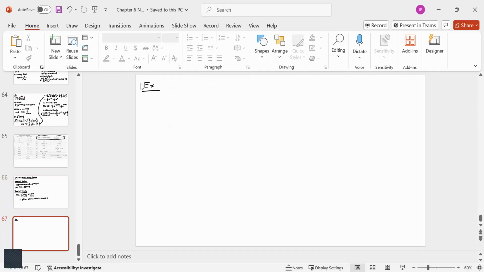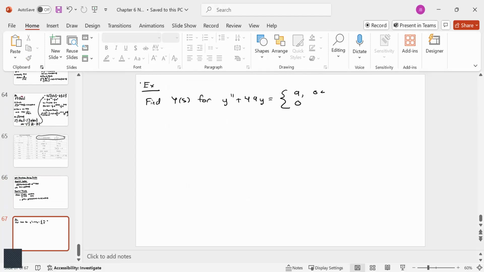So let's start off with a small example. Find y of s. So that's just telling you take the Laplace and isolate y of s. So we don't have to go all the way to the y of t. And so our differential equation would look something like this. And let's do 9 and 0.